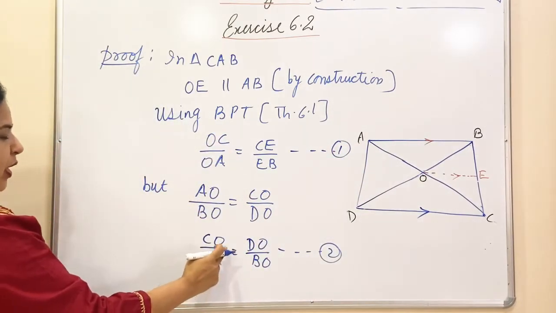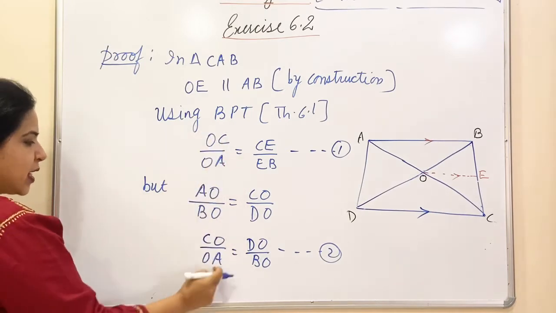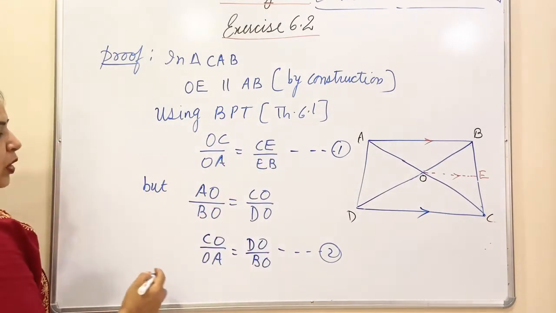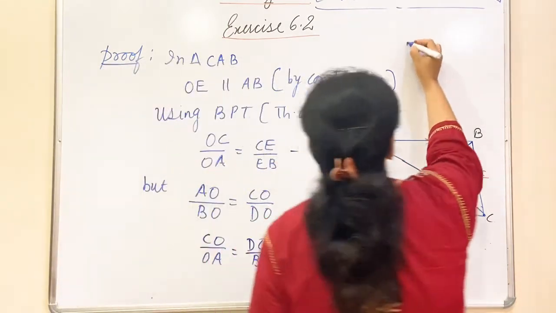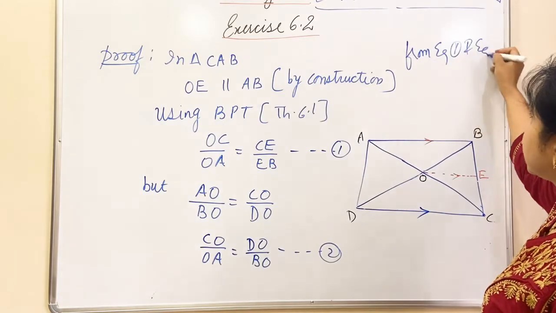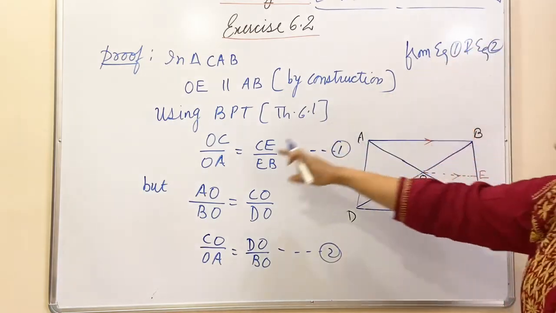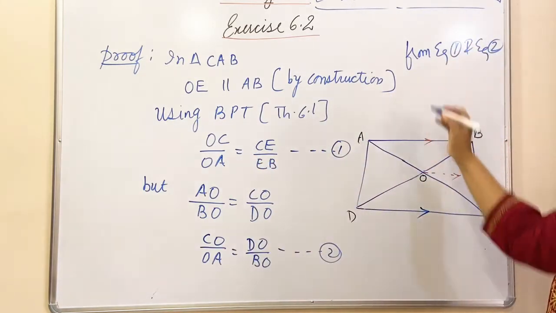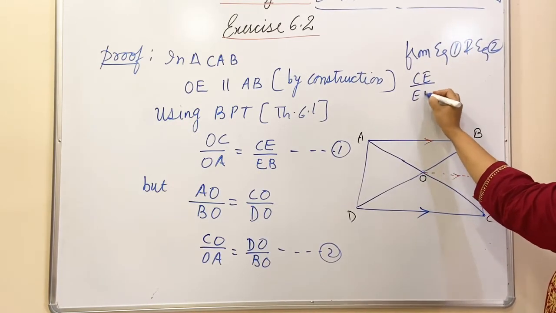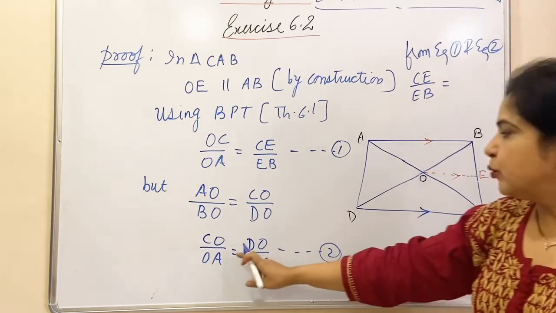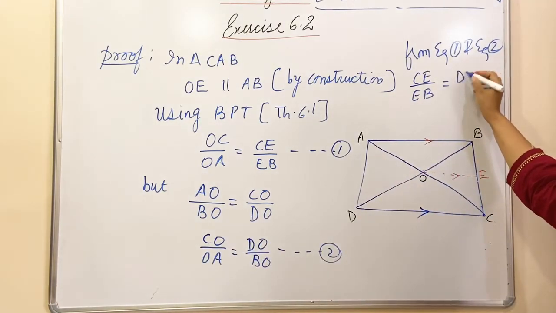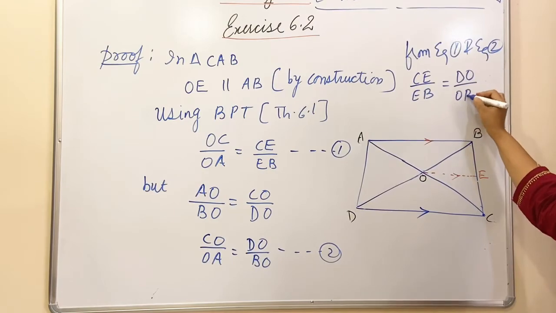Comparing equation 1 and 2, left hand sides are equal. So therefore the right hand sides must be equal. So from equation 1 and equation 2, left hand sides are equal, so the right hand side CE upon EB is equal to DO upon OB.